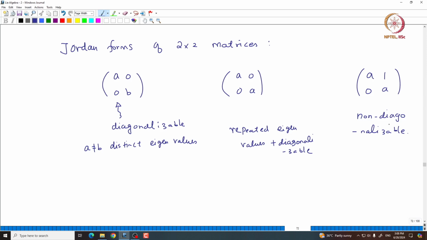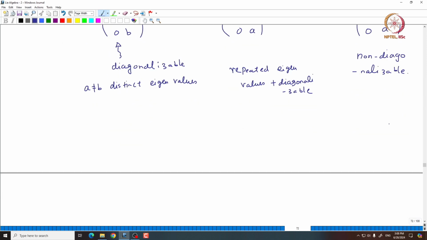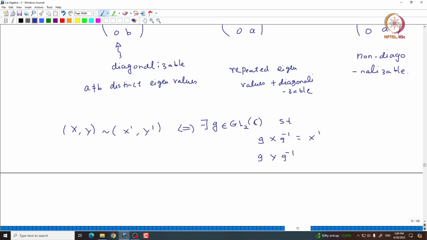So, let us consider them one by one. As before, the representations associated with the matrices (x, y) are isomorphic to those for (x dash, y dash) if and only if, as we defined the relation, (x, y) is related to (x dash, y dash) if and only if there exists an invertible matrix G in GL2(C) such that G x G inverse is x dash and G y G inverse is y dash.